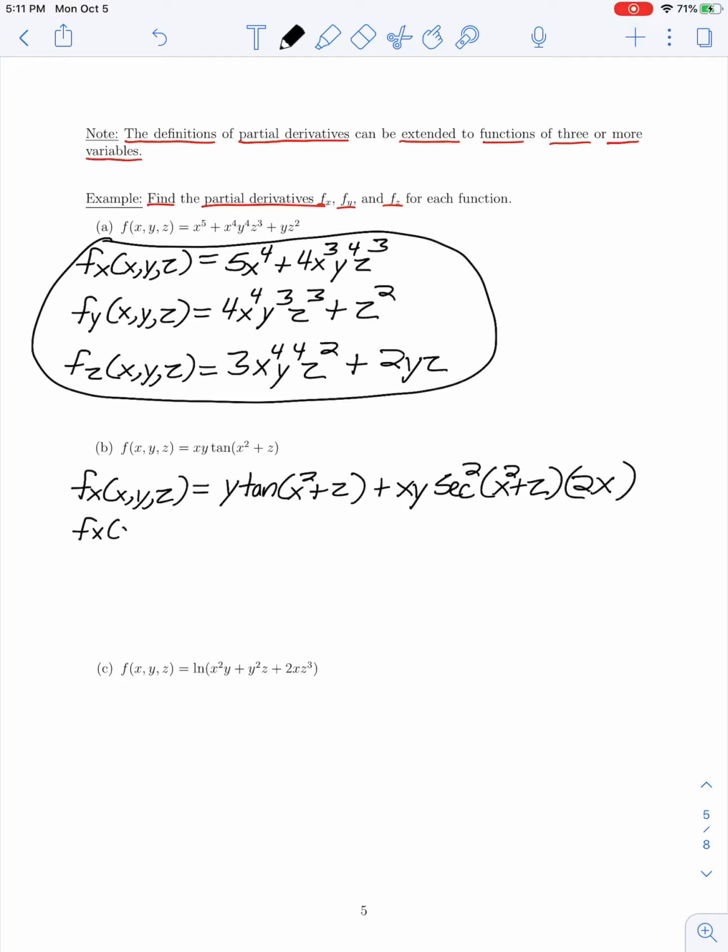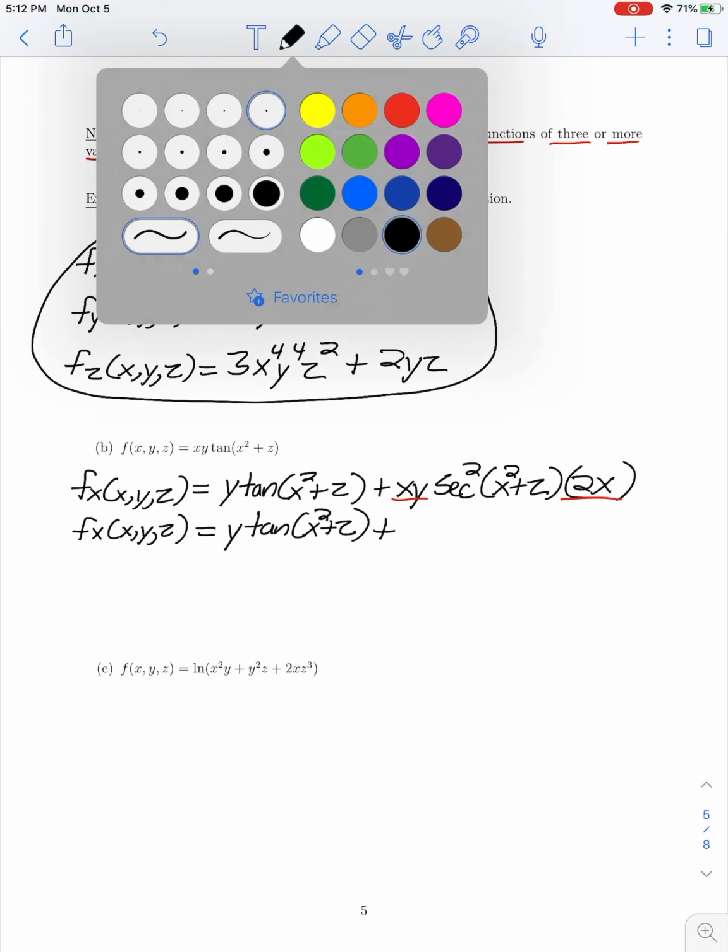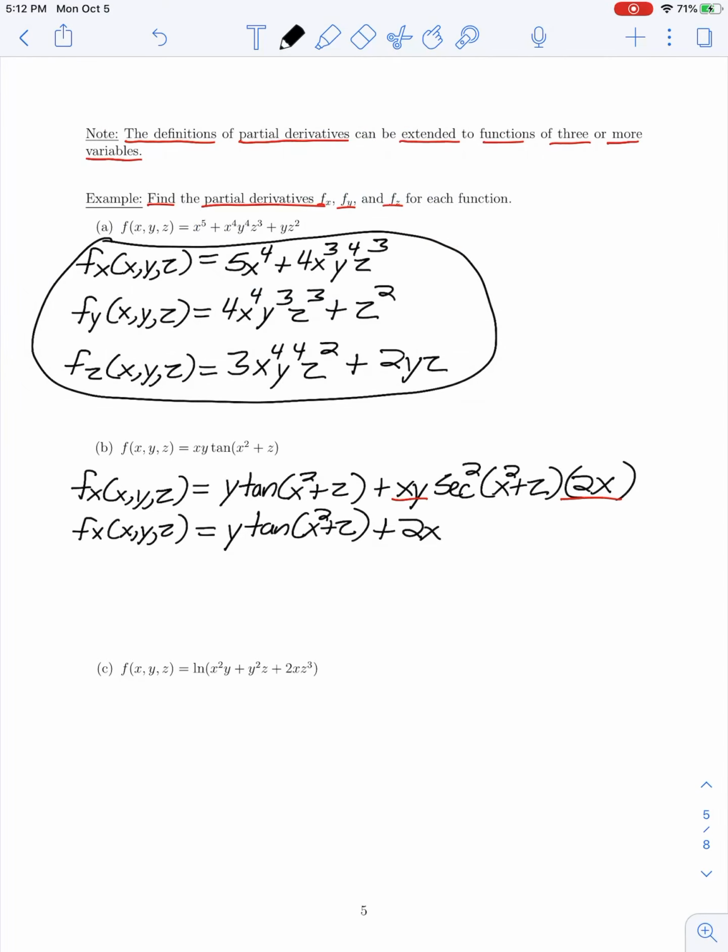Or cleaning this up just a little bit, we have y times tangent of x squared plus z, plus, if I group my xy times 2x terms together, I have 2x squared y with the secant squared of x squared plus z on the end.